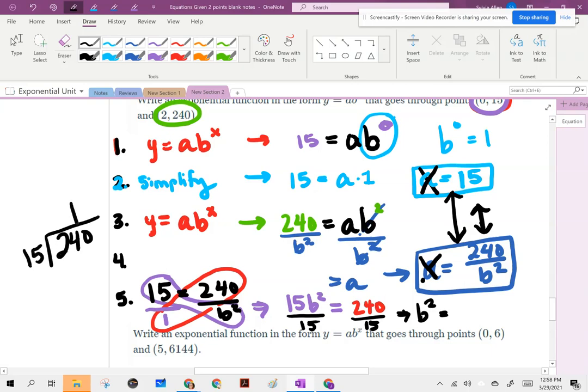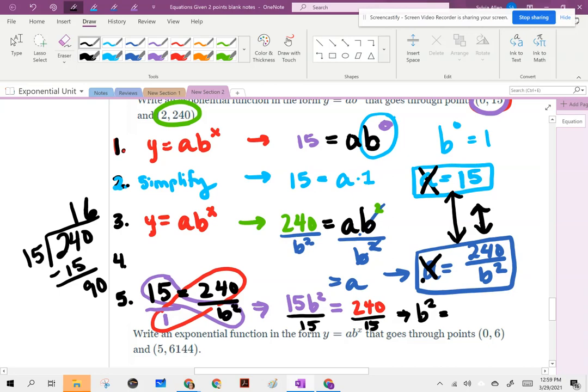15 goes into 24 one time, minus 15. That gives you 9 left. So think about this. If we count by 15s, think about it as money. So 15, $30, $45, $60, $75, and then $90. So that's 6.